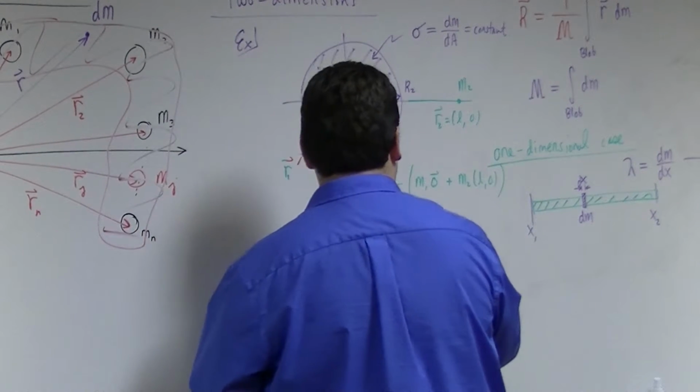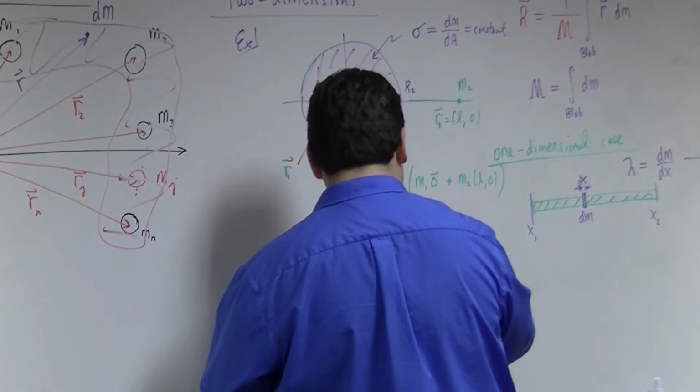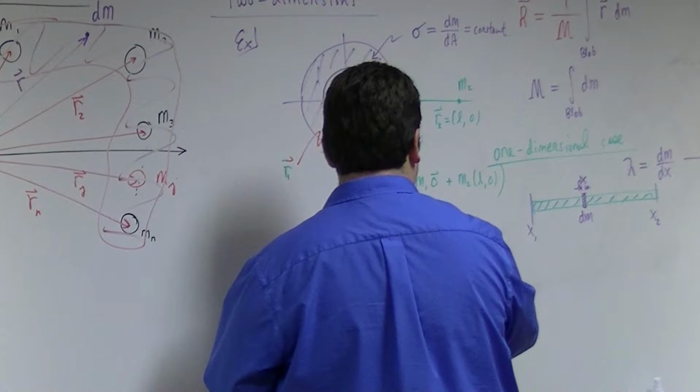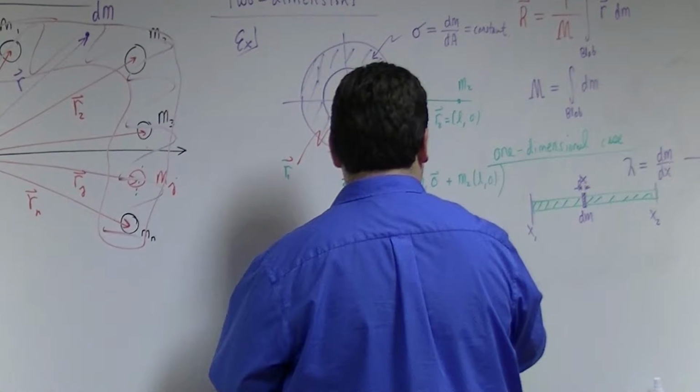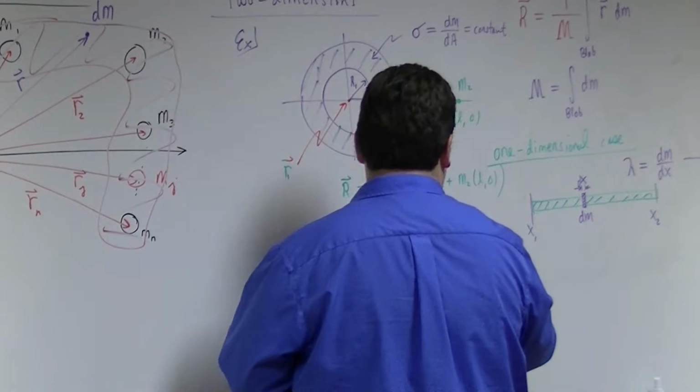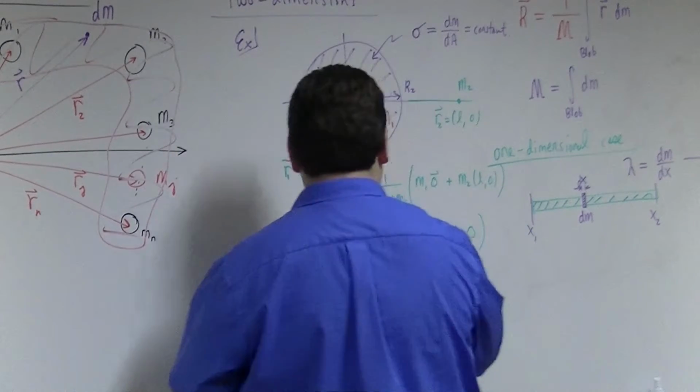So in fact, the center of mass for this would be m2L divided by m1 plus m2, comma 0. It's always somewhere on the x-axis.